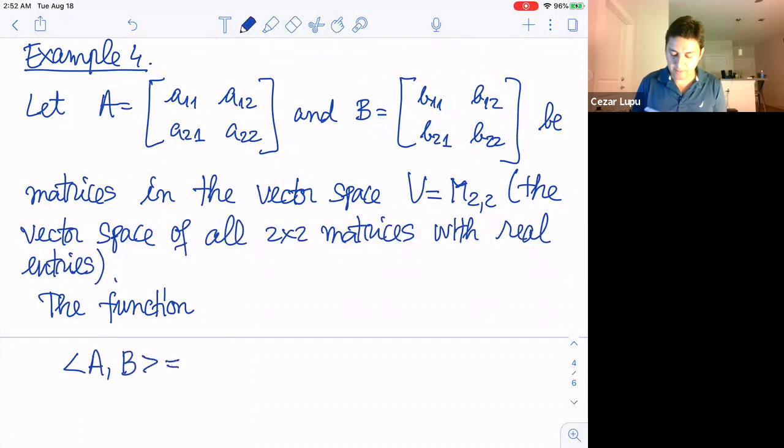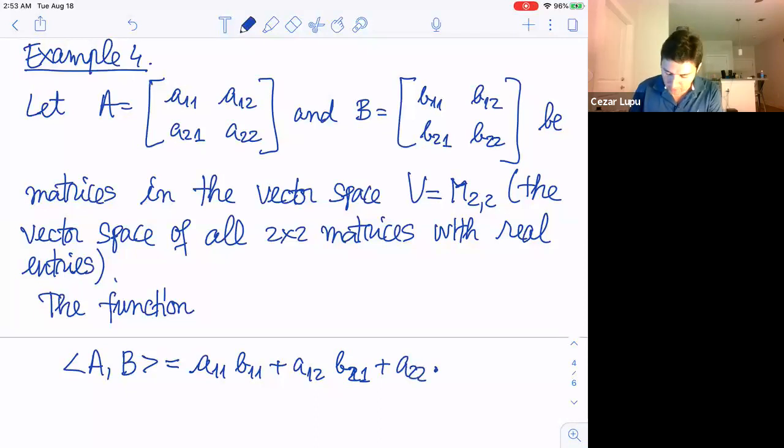The inner product between A and B, these 2 matrices here, will be nothing else than A11 times B11, plus A12 times B12, plus A21 times B21, plus A22 times B22.